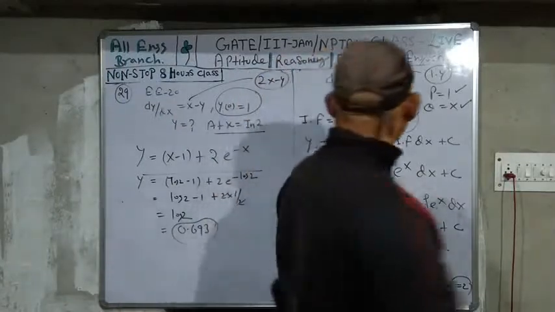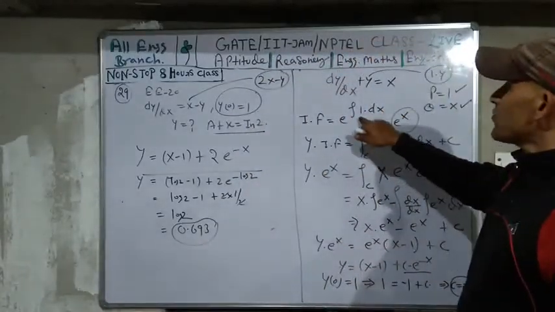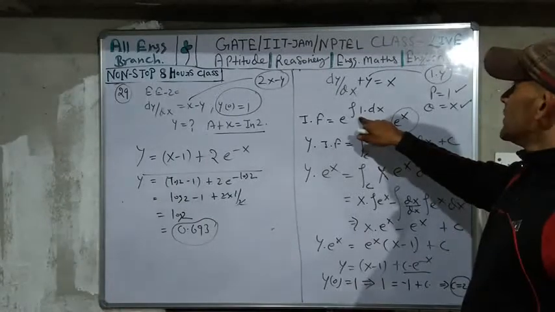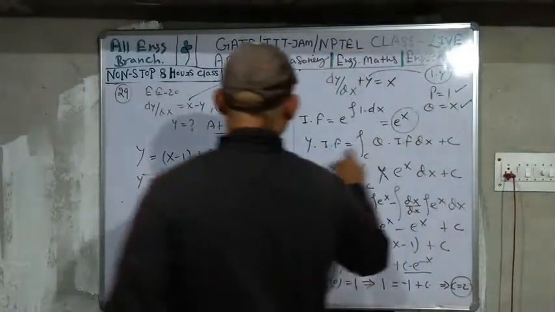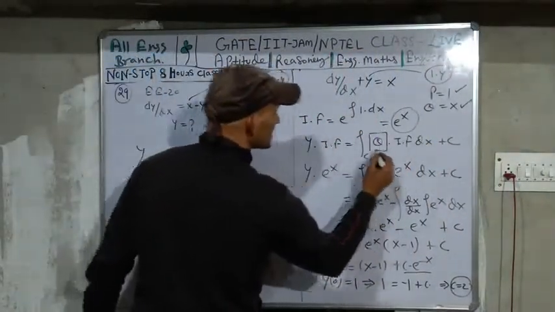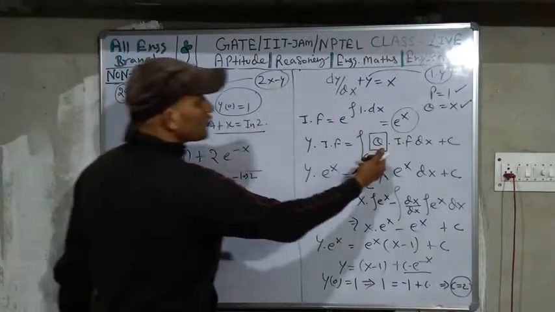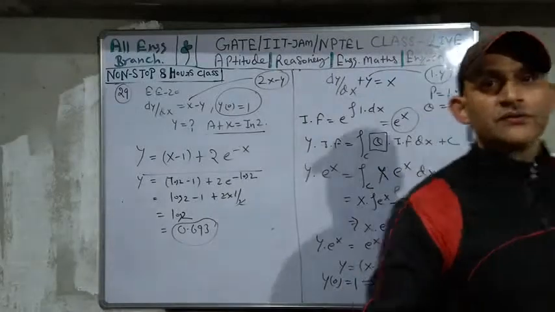No problem. In place of the integrating factor, what will you write? Nothing. The integrating factor is also the same. Only the q will be changed. In place of q you will write 2x. Nothing. Why are you worried?